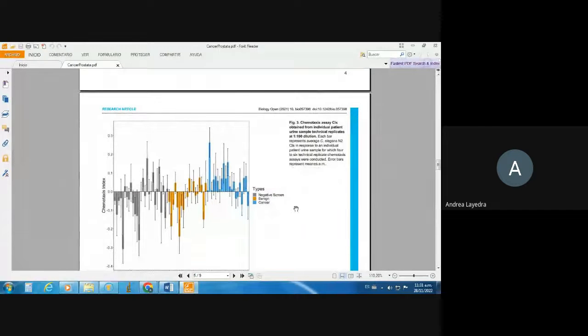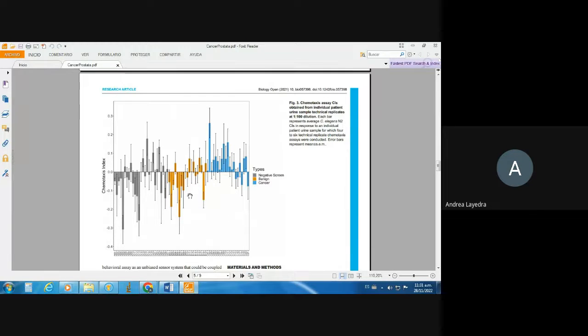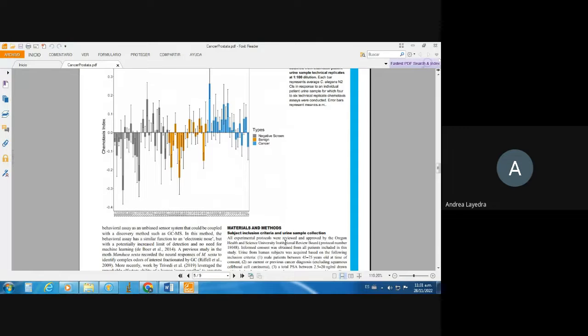They observed both attractive and repulsive patients' urine samples within the 3 groups. And here you can see all the samples and the values.